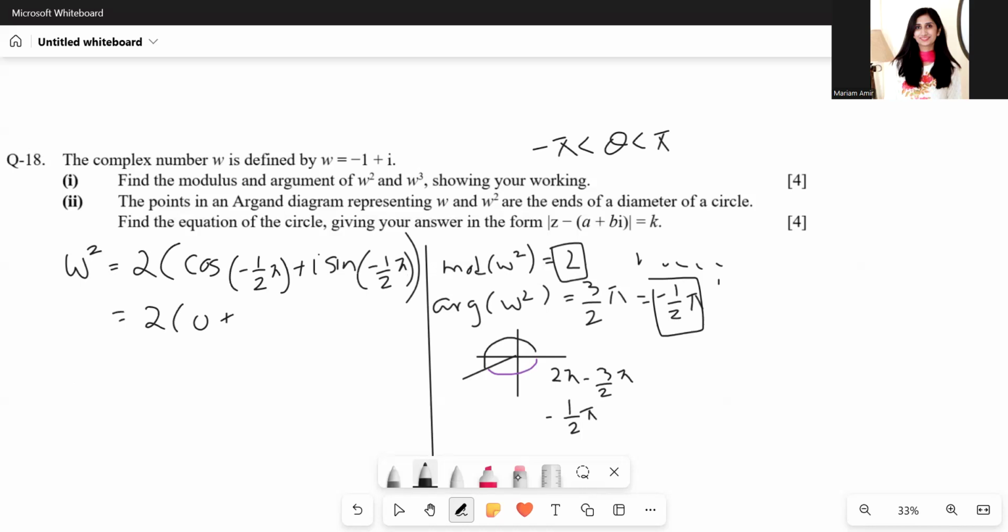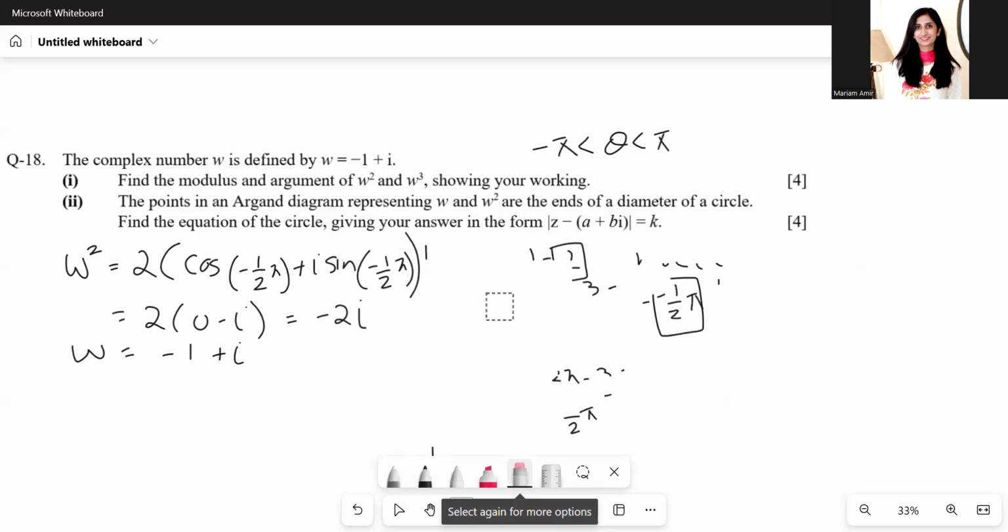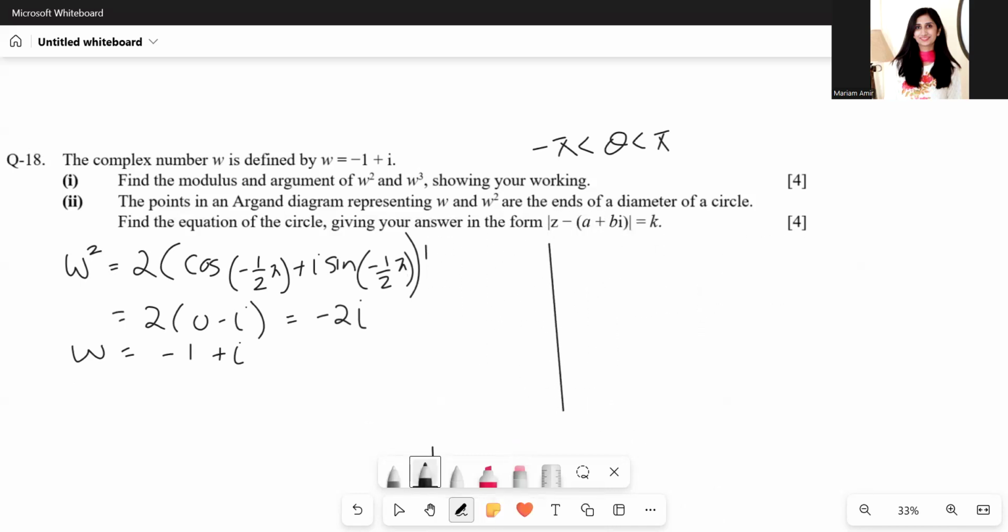So minus i, which is just negative 2i. And W is already known, minus 1 plus i. Okay, now let's plot this on an Argand diagram and consider that to be the diameter of a circle.